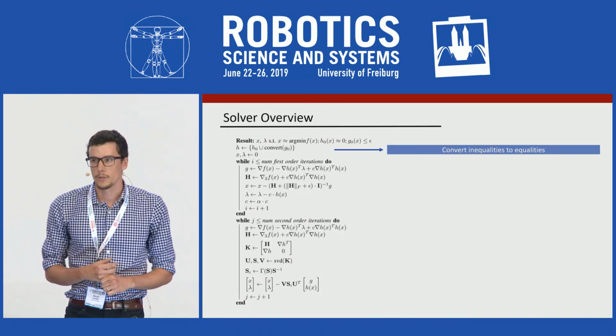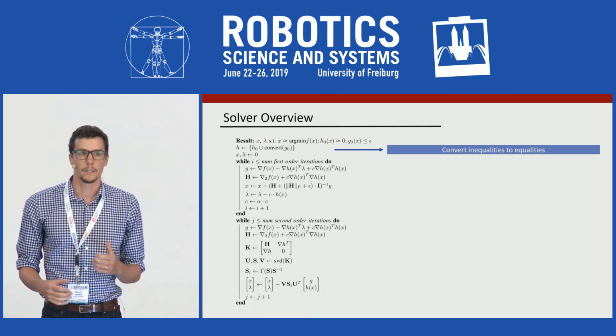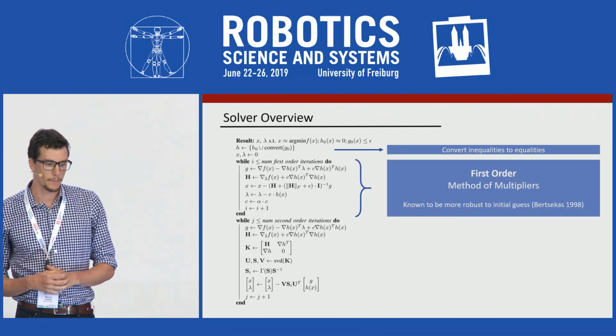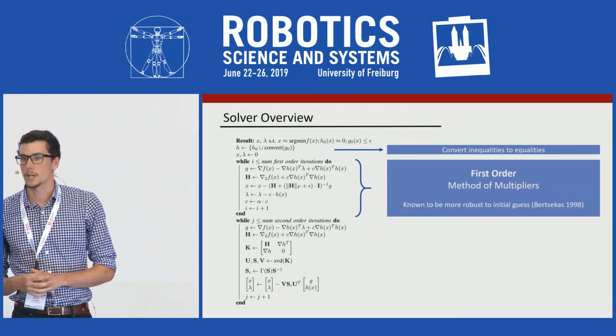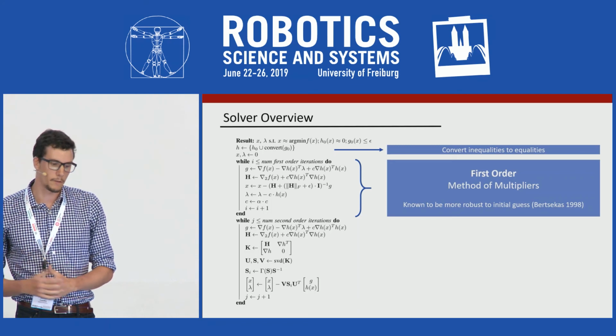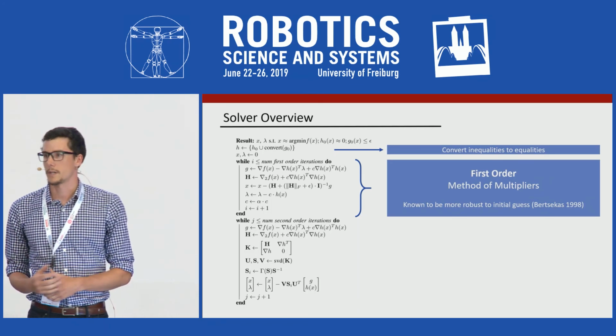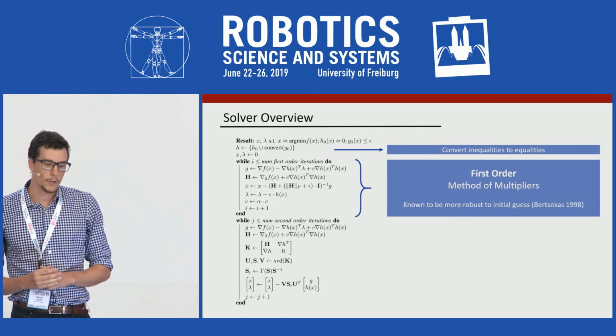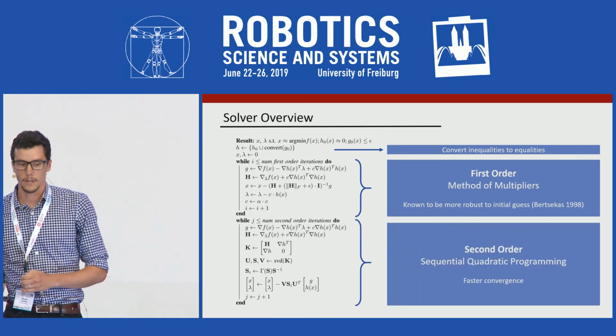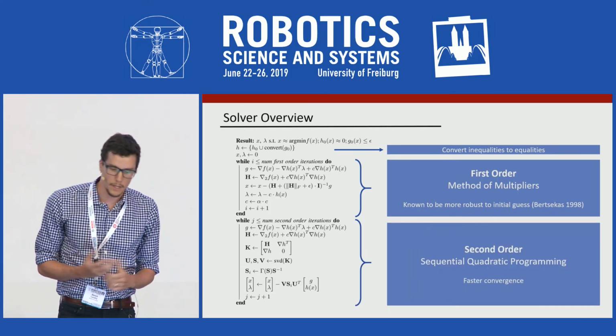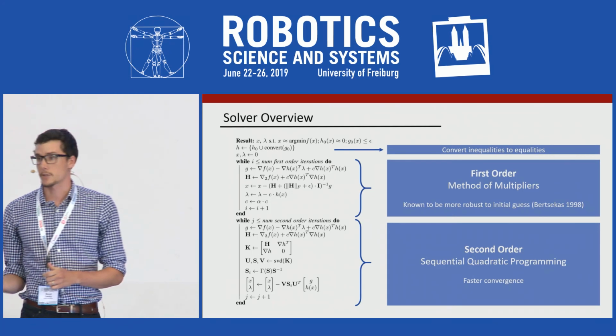Now, without going into too much detail about the inner solver algorithm, suffice to say that it's a combination of a first-order method, the method of multipliers, which is known to be more robust to initial guess, and a second-order method based on the sequential quadratic programming approach, which is known to have faster tail convergence.